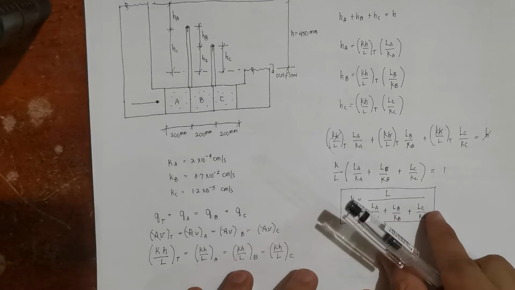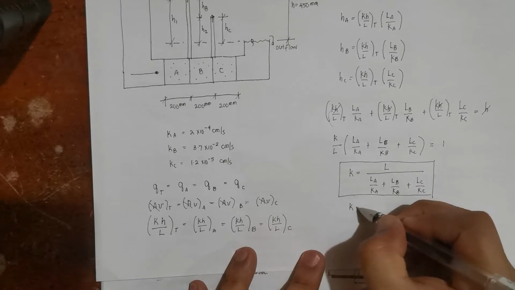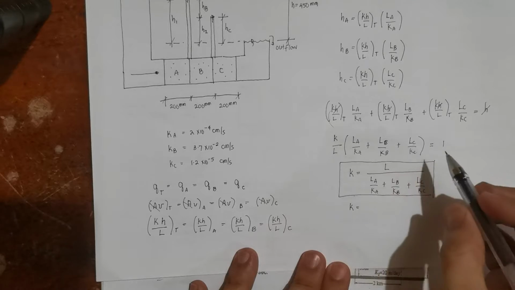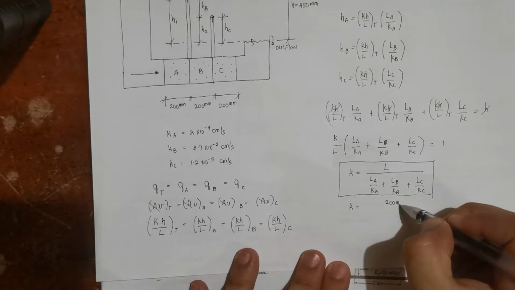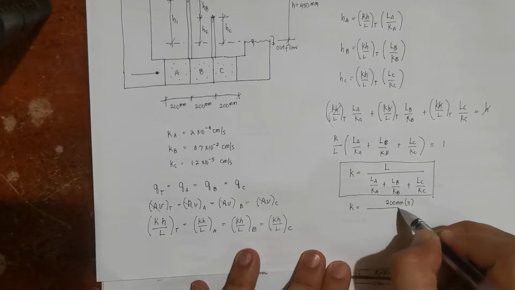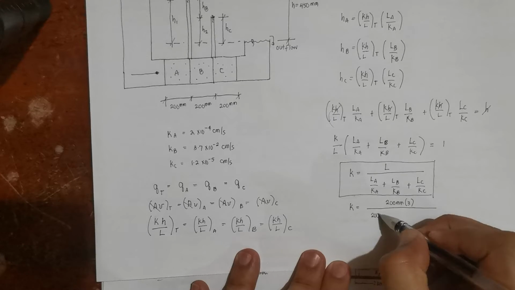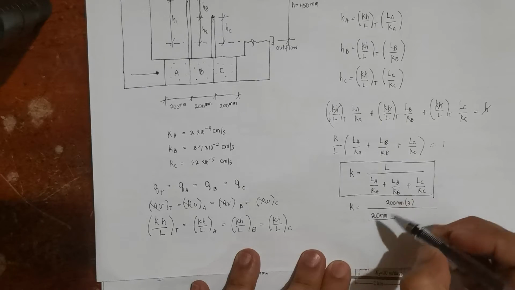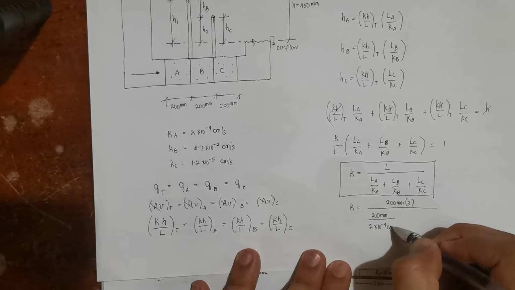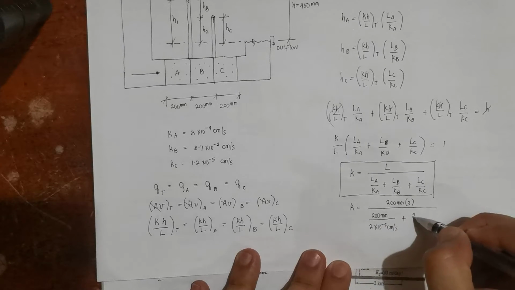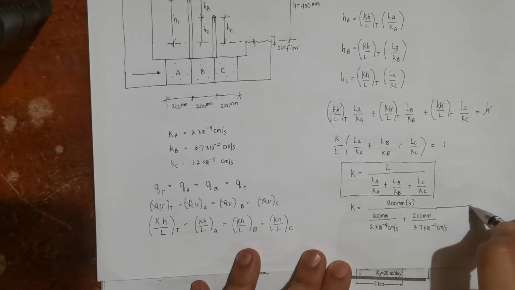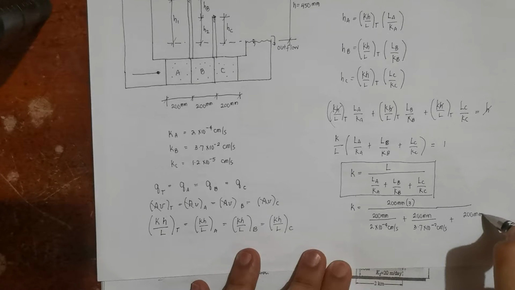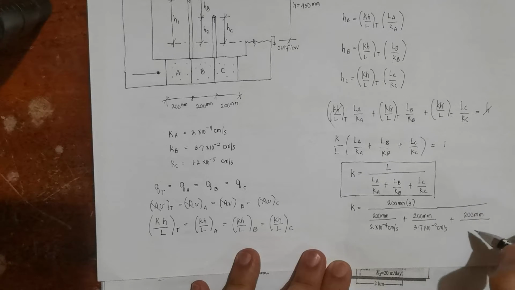So, for the first unknown, substitute lang natin. K will be total length, given the problem, 200 millimeters times 3, over LA, 200 over KA, plus LB over KB, and then plus 200 millimeters over KC.